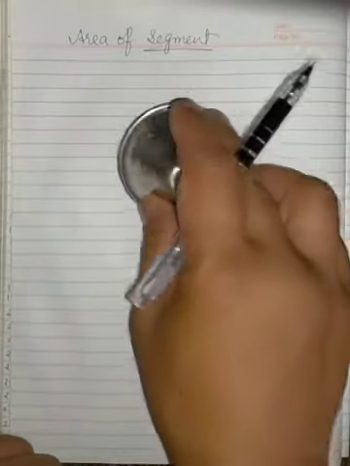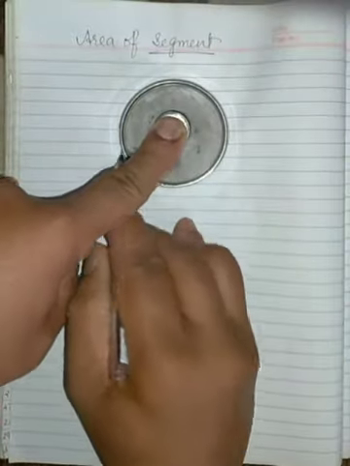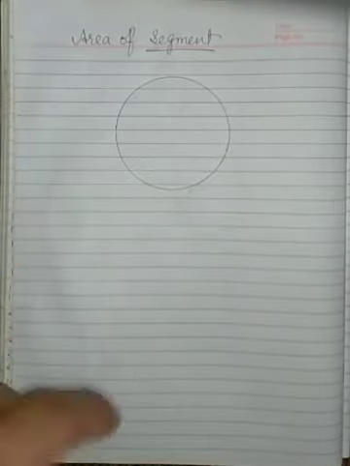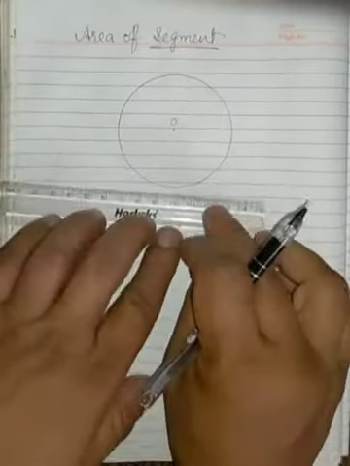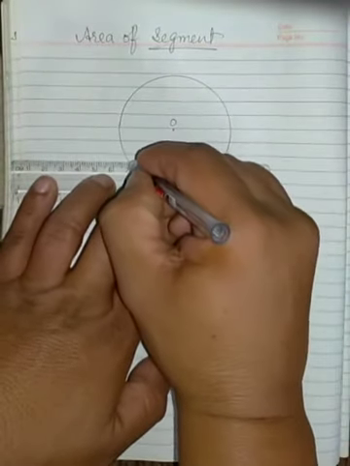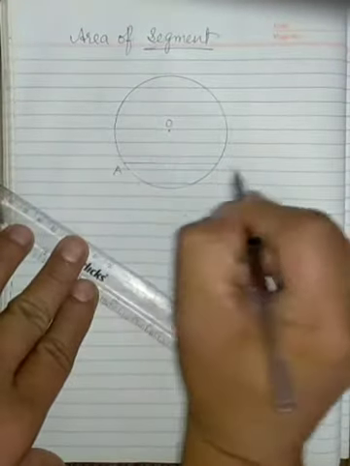In this video, we will see the area of the segment. So here I draw a circle. This is a circle with center O, and AB is a chord.